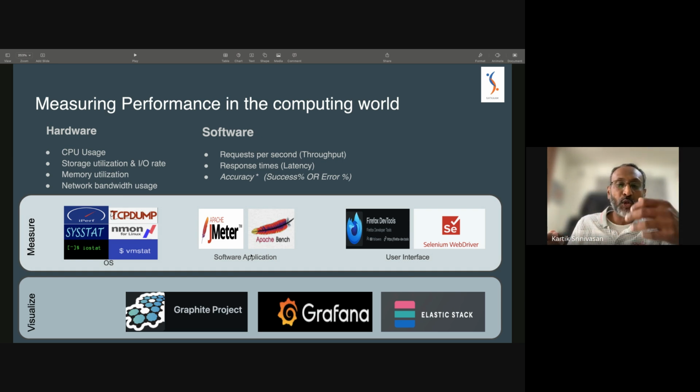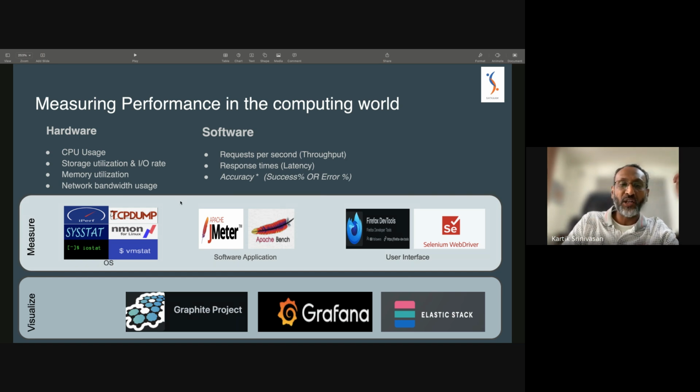They have very pluggable models for very different use cases, and you should be able to measure the performance of the system, requests per second, response times, accuracy, failure rates, etc., all within the same tool, very easily through a very simple test that you can record and replay again and again later as well.